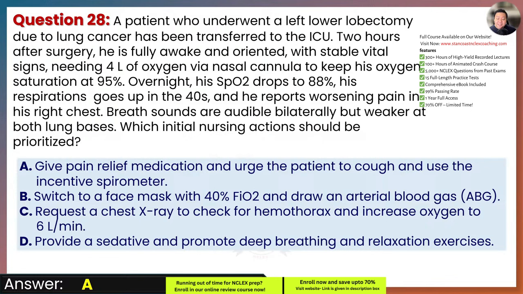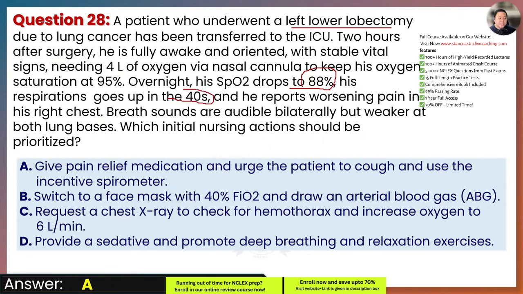Now, in this case scenario, a patient who has undergone a left lower lobectomy due to lung cancer suddenly develops a drop in their O2 overnight, 88%, and increased respiratory rate, in the 40s. Take note of those.